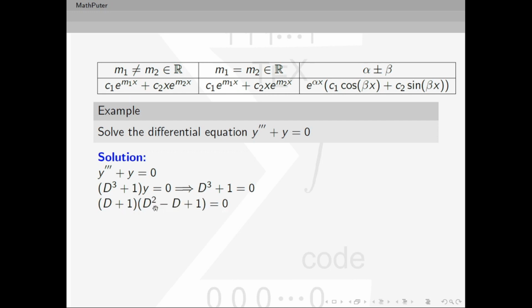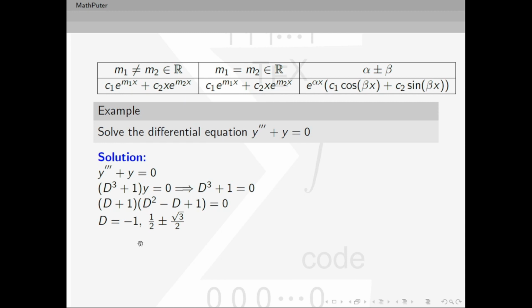It is D plus 1 into D square minus D plus 1. So either this is 0 or this is 0. We are not going to solve these two; I mention the roots directly. D is equal to minus 1 and 1 upon 2 plus or minus, actually this is complex, i square root 3 divided by 2.